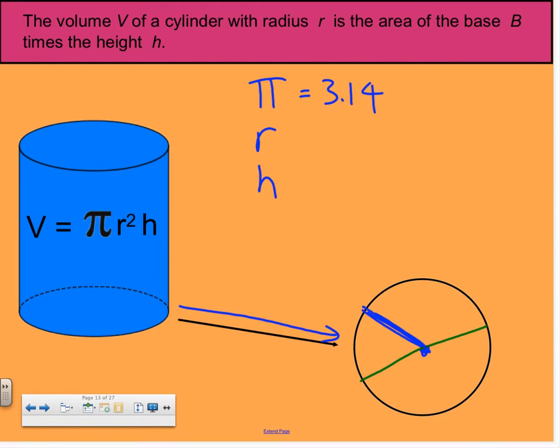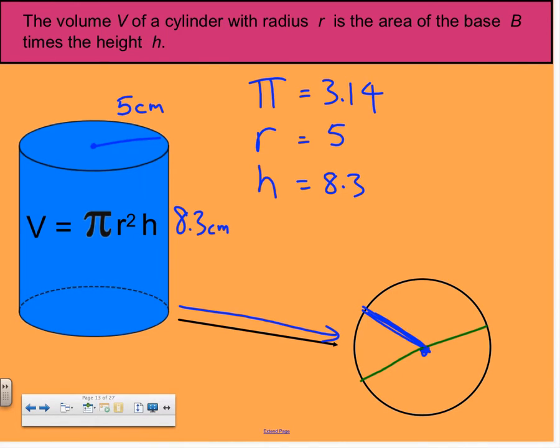All right, so if you look at example 1 on page 590, they tell us that this cylinder has a radius of 5 centimeters and has a height of 8.3 centimeters. All right, so do we have all the things that we need? Well, it looks like we do, because pi is still 3.14, the radius is 5, and the height is 8.3.